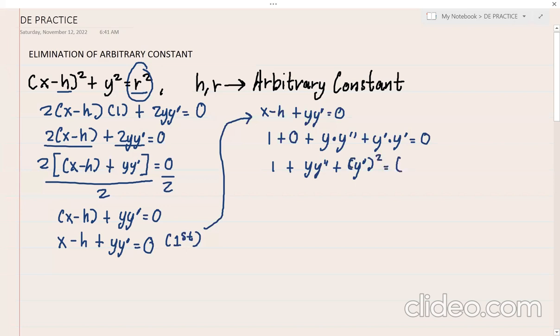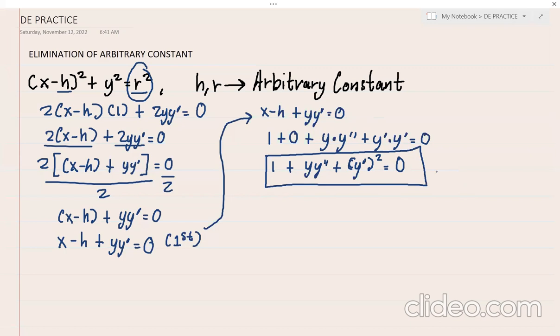So as you can see, if you notice, there's no more arbitrary constant, only this. Okay? So, that means this will be your final answer. Okay? So, we got the second derivative, right? Which is the final derivative. And what did I say again about the third step?